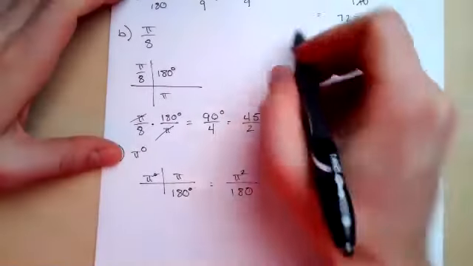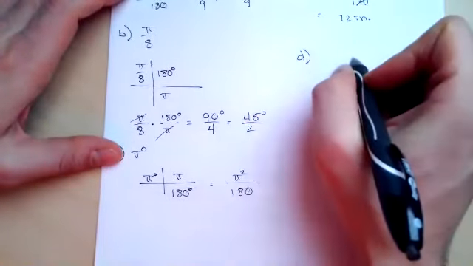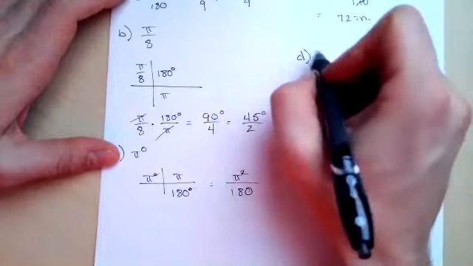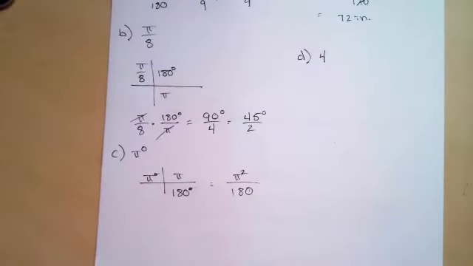So likewise, if you don't see pi's, it doesn't necessarily mean that we're in degrees. If I give you a number 4, and I say this is an angle measurement, what does that mean? It means radians, because there's no degrees attached. I didn't say 4 degrees, I just said 4. That implies radians.